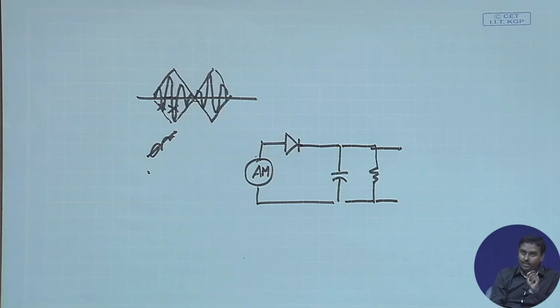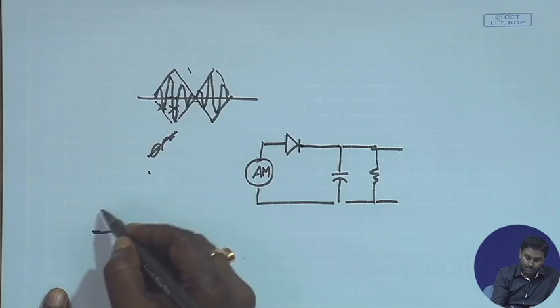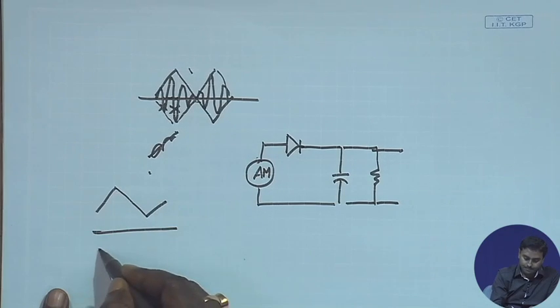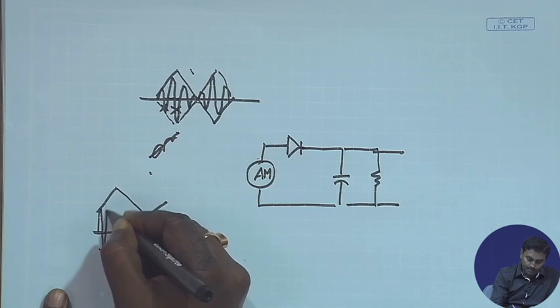So what is happening over here? Let us say I have this signal, of course it has to be AM, and inside I have this carrier.